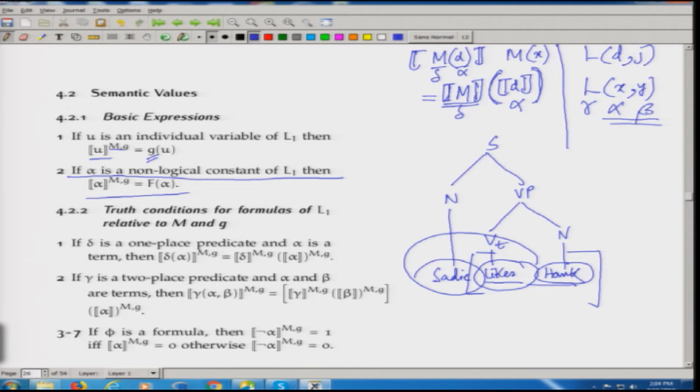So, although the order in language is alpha beta, the order of the functional treatment is beta alpha, because beta first combines or first unites with the 2 plus predicate. So, it is always beta alpha. Alpha beta is our linguistic order, but beta alpha is our functional order. So, the function will take first beta and then alpha, right.